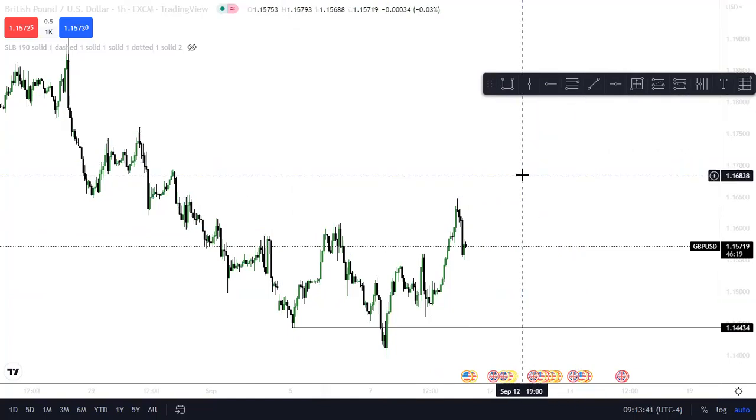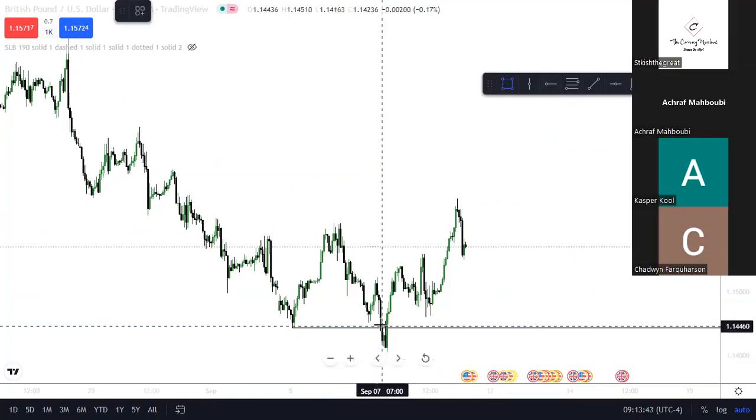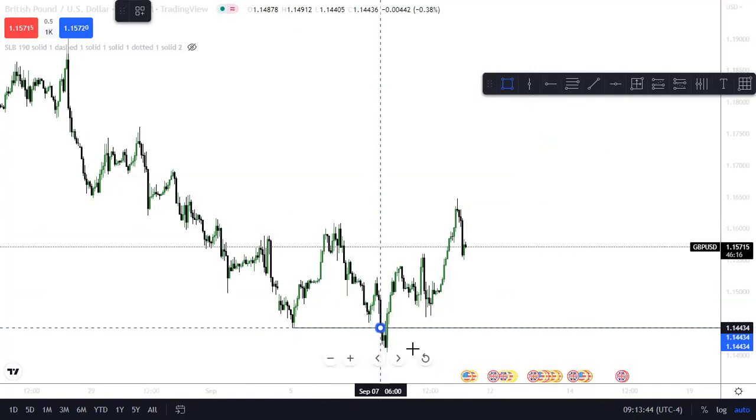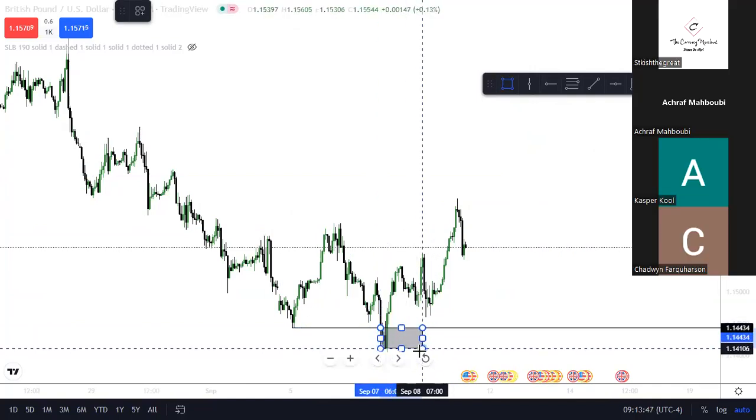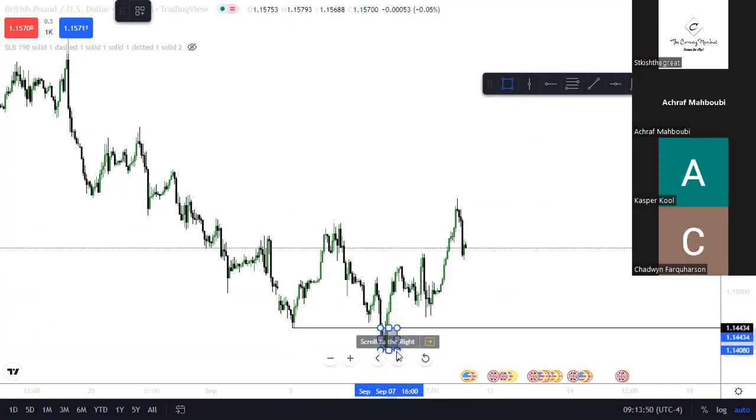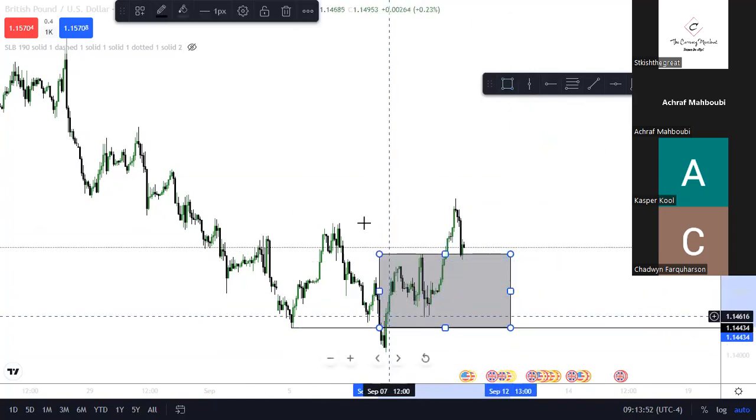So that's a range. Stop point below the range low. It's just not behaving.